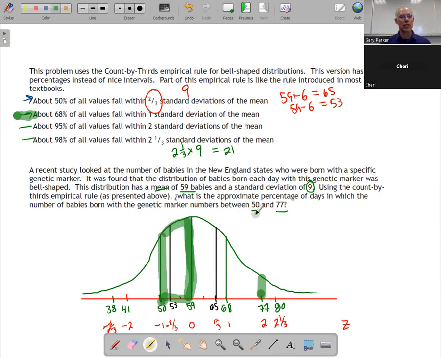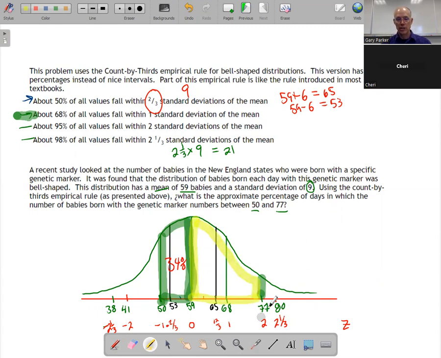So half of 68 tells me that about 34% of the data lives here. And I want to combine that with the other side from 59 up to the 77.